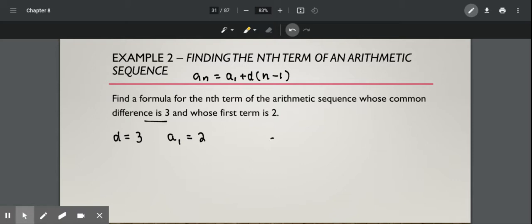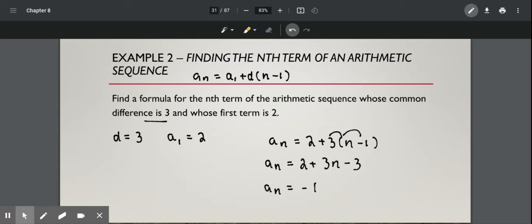So we'll say a sub n equals 2 plus 3 times n minus 1. When we distribute the 3, we get 2 plus 3n minus 3, so a sub n equals negative 1 plus 3n.